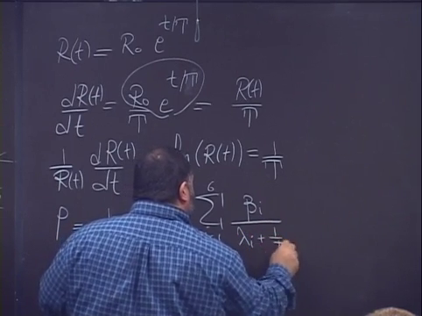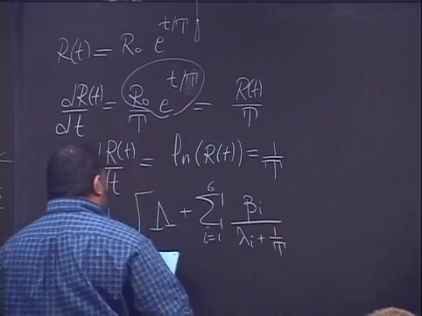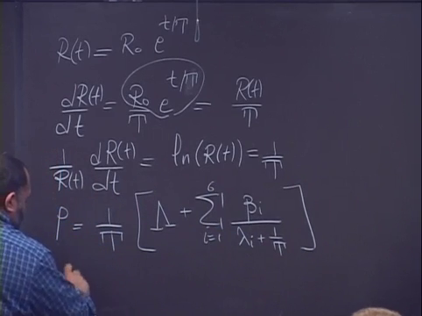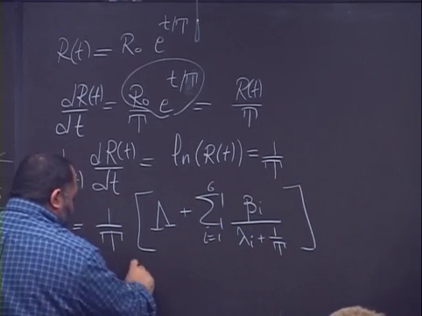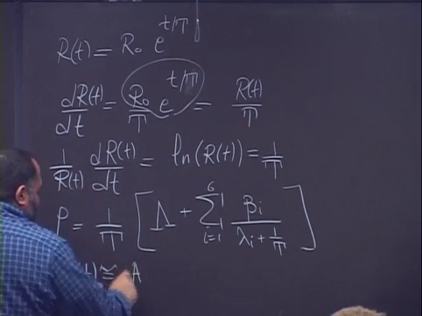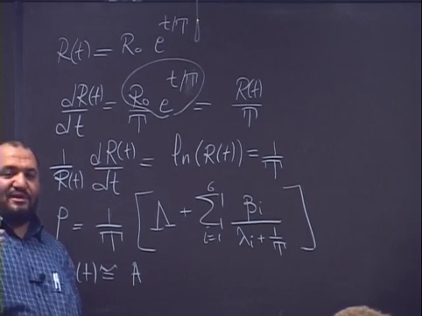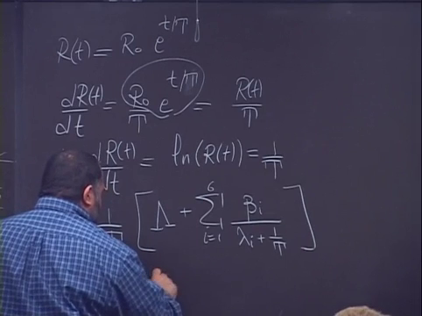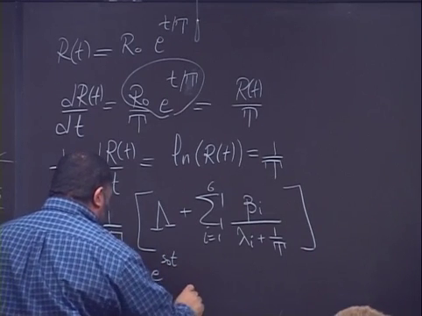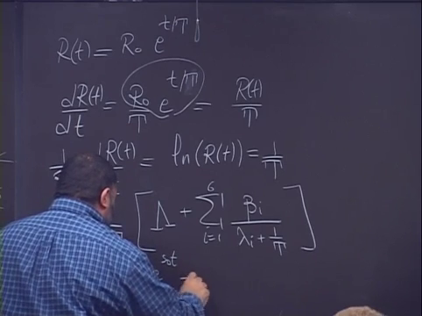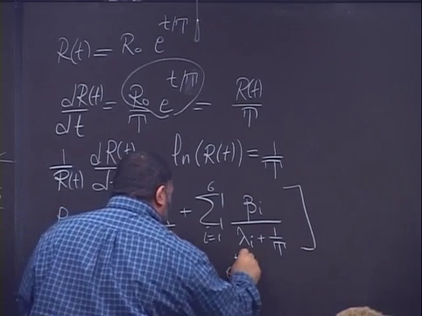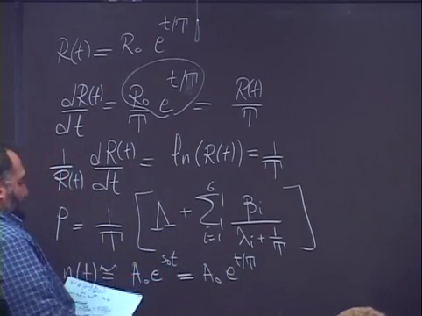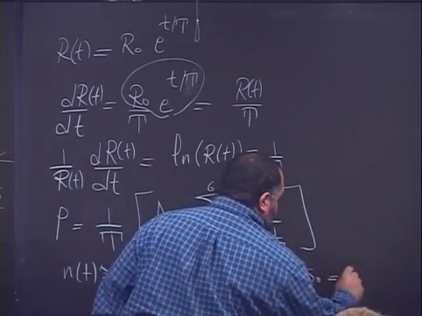Again, S is nothing more than 1 over T. And you know that n of t is just given by, after the other six roots decay, the asymptotic formula. This will give you A naught e to the power of s naught t, and again this will be A naught e to the power of t over T capital. So s naught is just 1 over T capital.